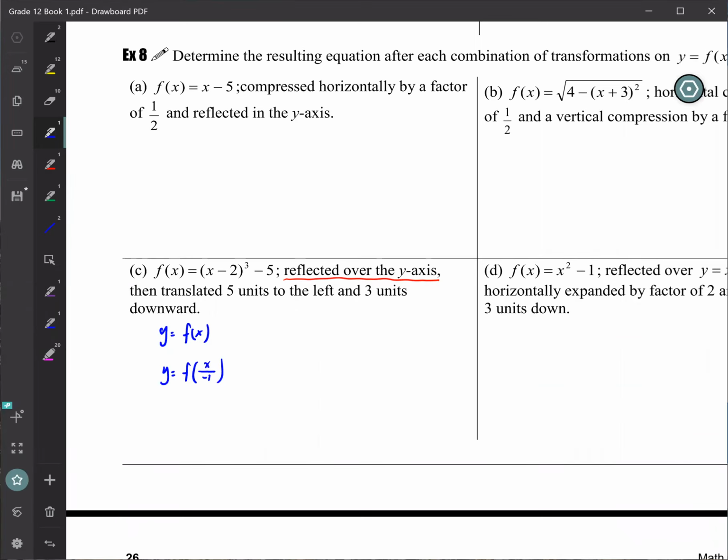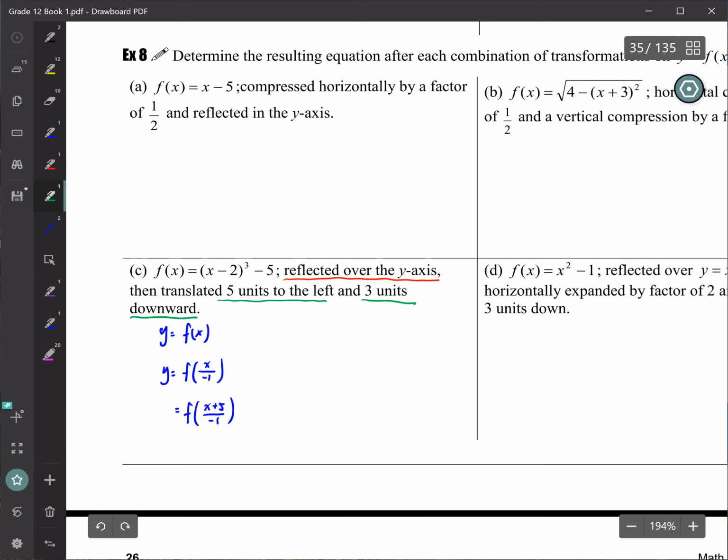Okay, and then we have to translate 5 to the left. So what do we do? Should be positive 5, x plus 5. Very good. Okay, so we'll write that out. X plus 5. Okay, and also we have 3 units down.